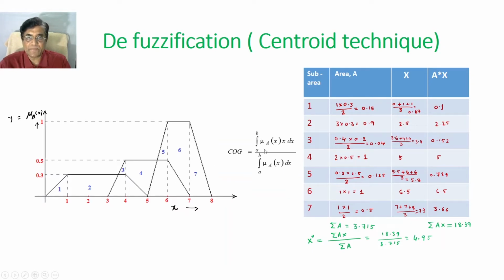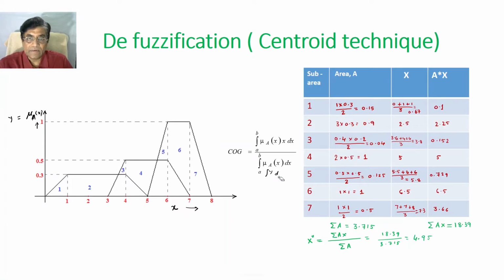You take the moment of the area, the integral of mu A(x) times x dx, within the range a to b, divided by the area under the curve. So this is the area under the curve, the integration of y dx, where y is mu A(x).